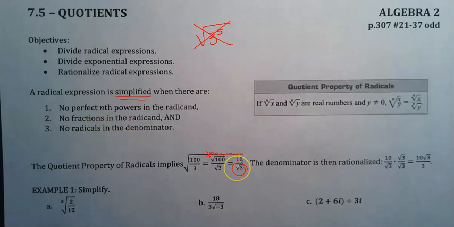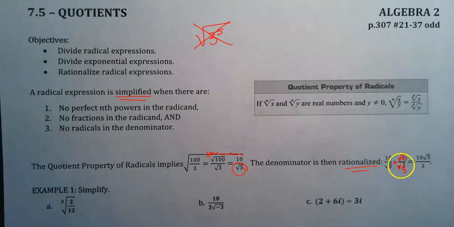So this is not simplified. Then we have to rationalize the denominator. So since we have 10 divided by the square root of 3, we're going to multiply it by the square root of 3, in both the numerator and the denominator, because then it just equals 1. So 10 times the square root of 3 is 10 times the square root of 3.